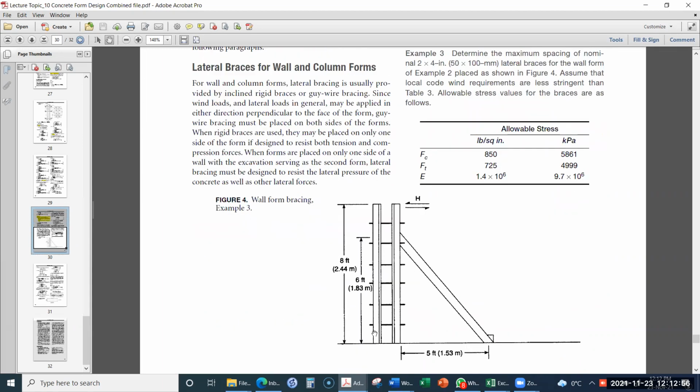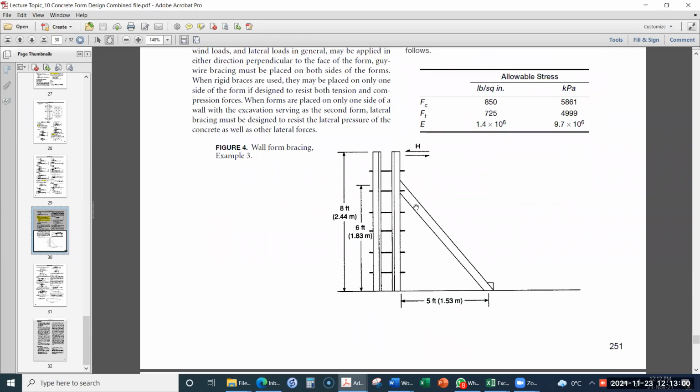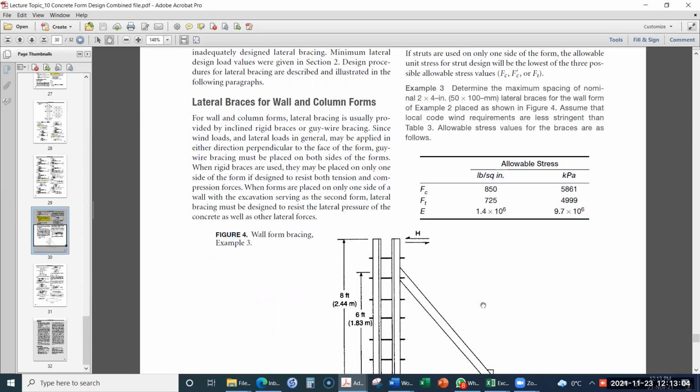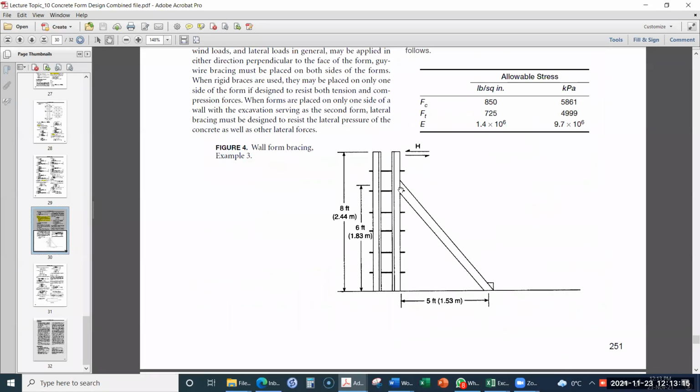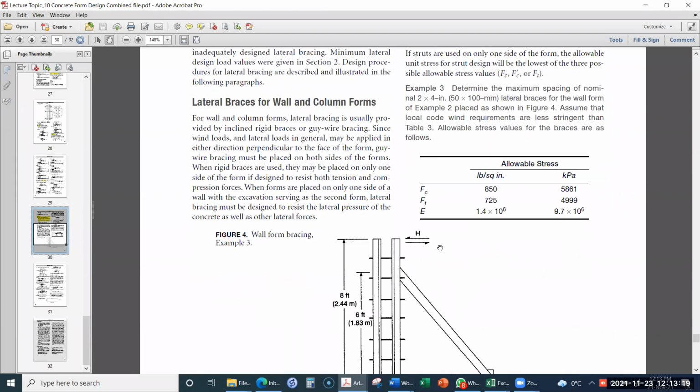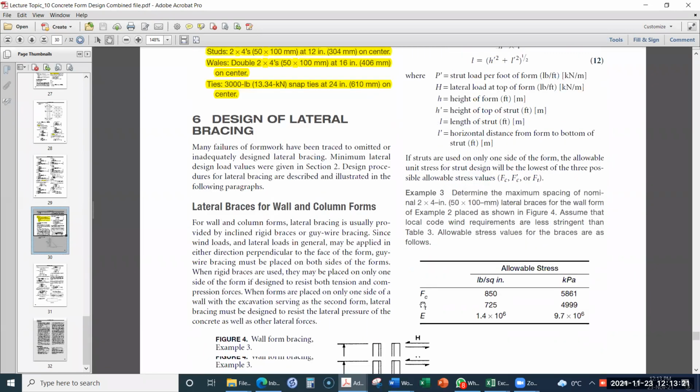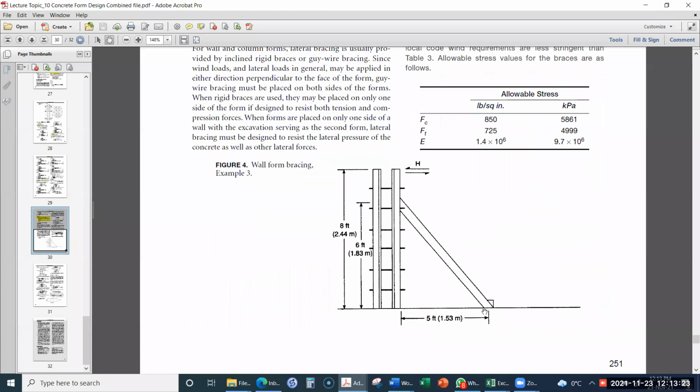So we will multiply this height with this length, and then divide by the horizontal and vertical dimensions of the strut, H prime into L prime. So this is the formula. H prime is the height of the top of the strut, that is from here to here, and L prime is this value from here to here, horizontal.